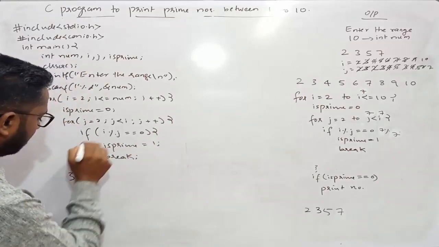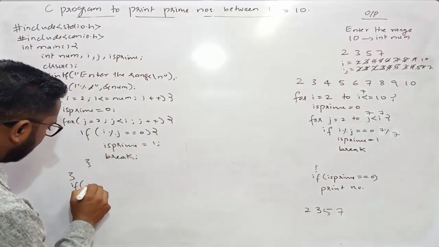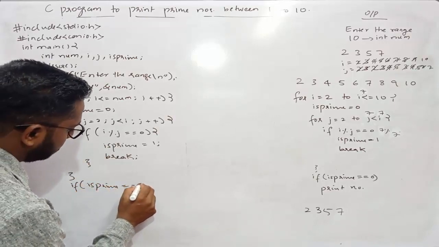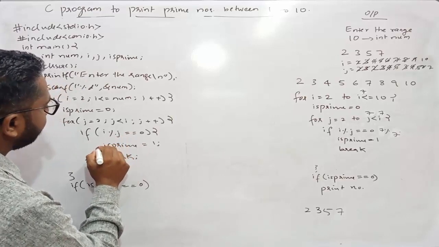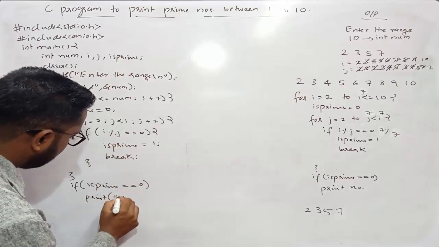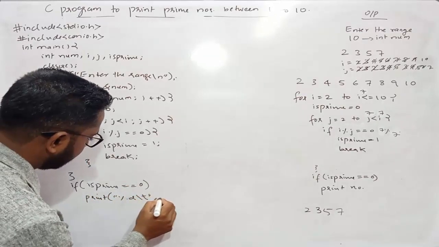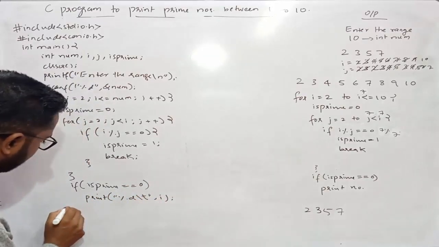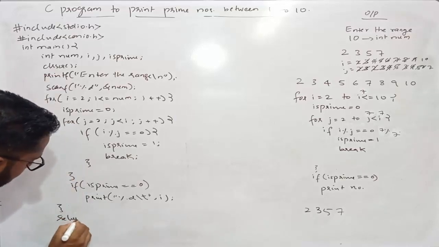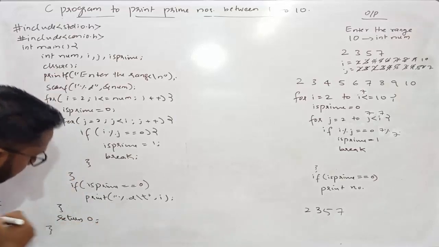Next, this inner for loop gets closed, and here I am checking if is prime is equal to 0, then print %d \t i, then the outer for loop gets completed, and then return 0, and then close the bracket.